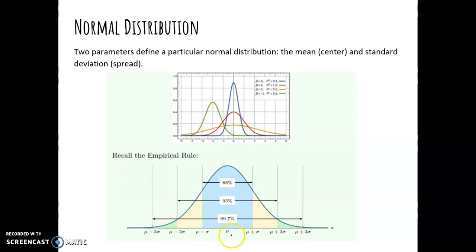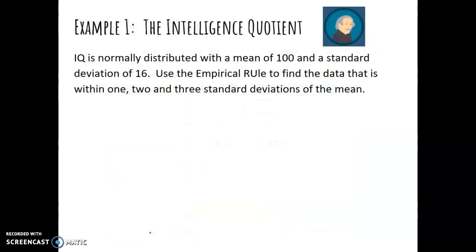And you can see on the bottom here we have plus 1 sigma and minus 1 sigma for the 68%, plus 2 sigma, minus 2 sigma for the 95%, and plus 3 and minus 3 sigma for the 99.7%. But that is a review. We have already covered that in an earlier video.